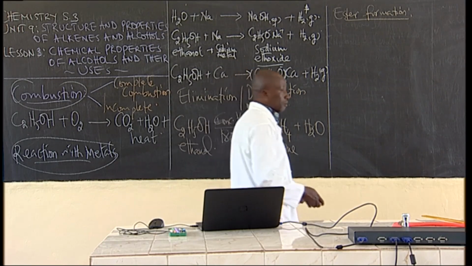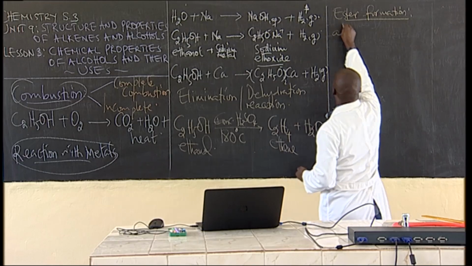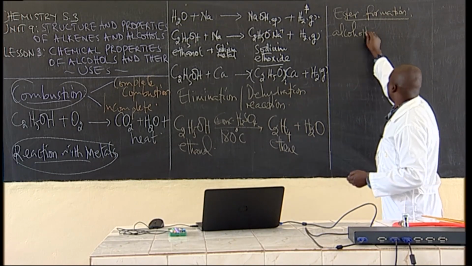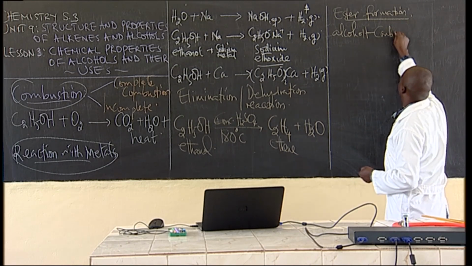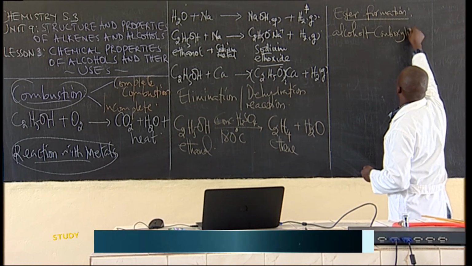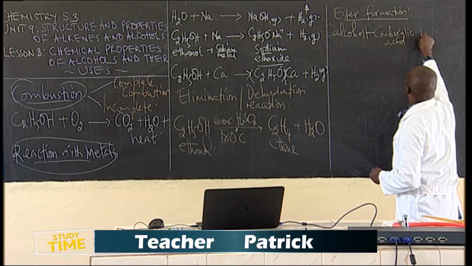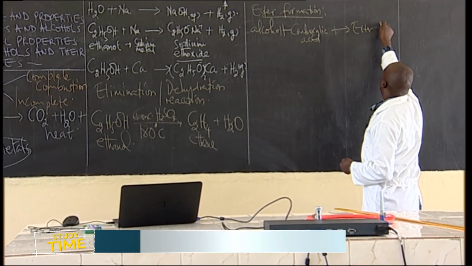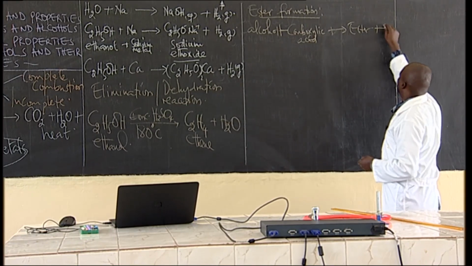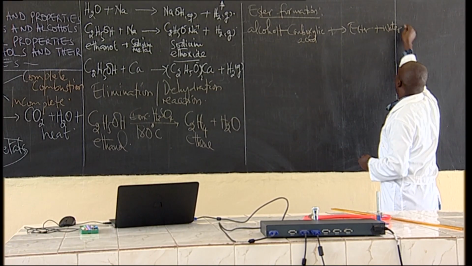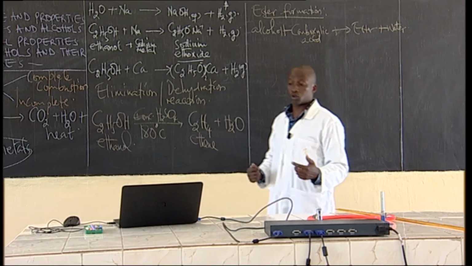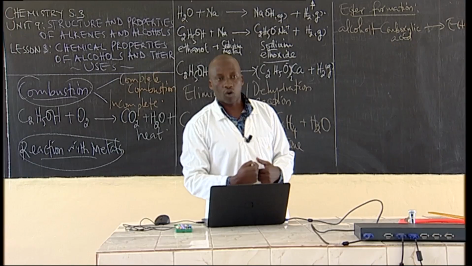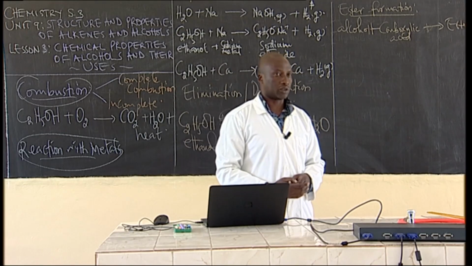So in ester formation, we said an alcohol combined with the carboxylic acid to form the ester plus water molecules. So this esterification is also called a condensation reaction because of the formation of the water molecules.